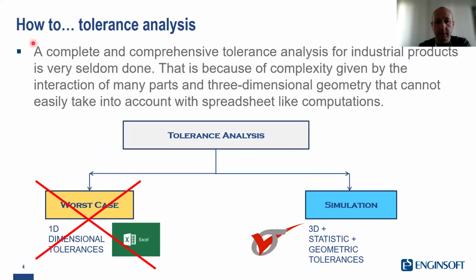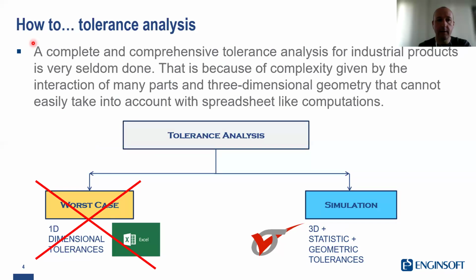When it comes to tolerance analysis, we must be aware also of the fact that several times the tolerance analysis is performed using a spreadsheet, using a simplified approach. It is called the worst case approach. It is performed with one-dimensional tolerance analysis.